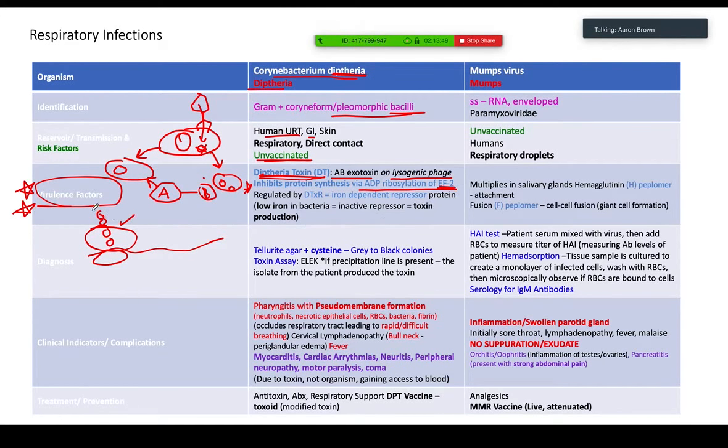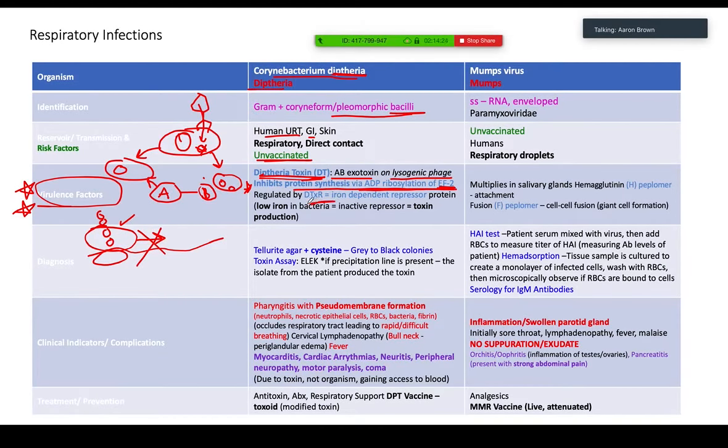EF2 is one of the extra factors. In order for the ribosome to know to continue forward, it needs these factors. If the diphtheria toxin inhibits this protein synthesis via ADP ribosylation, this whole process cannot occur. We cannot synthesize proteins. Now, if a human cell cannot synthesize proteins, you're going to have a bad time. This is going to be a big problem. Humans need to constantly be synthesizing proteins, and so loss of the ability to do this is going to have a lot of big problems for our human cells. Okay.